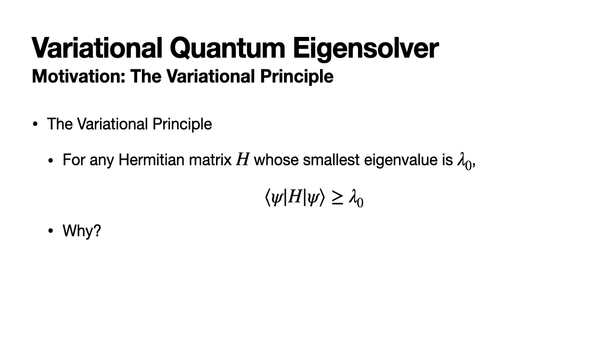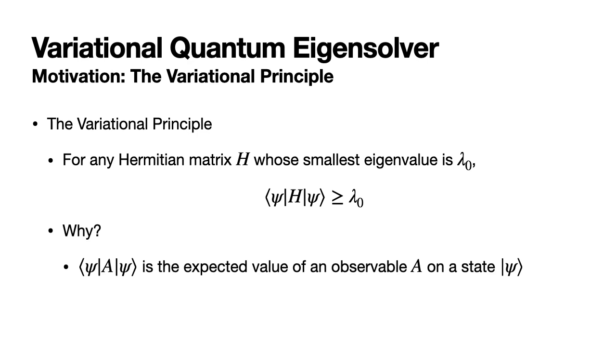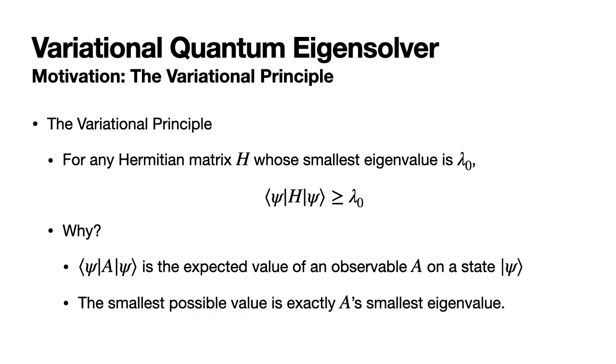But why is this variational principle true? It comes from the fact that the term on the left-hand side of the inequality represents the expected value of measuring the observable H on the state ket psi, and the smallest possible expected value is precisely the smallest eigenvalue lambda 0 of H, achieved only for the ground state.